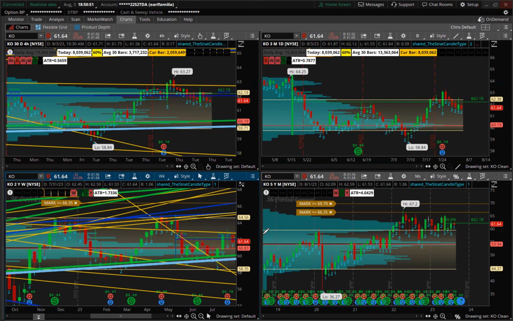So looks like you got the textbook reversal off the broadening formation. Now you got rejection and price coming back under the 50% levels. I would see this thing eventually getting down to this quarterly broadening formation around $60 or north of $60. But for tomorrow, there is the potential for it to go 212 down.